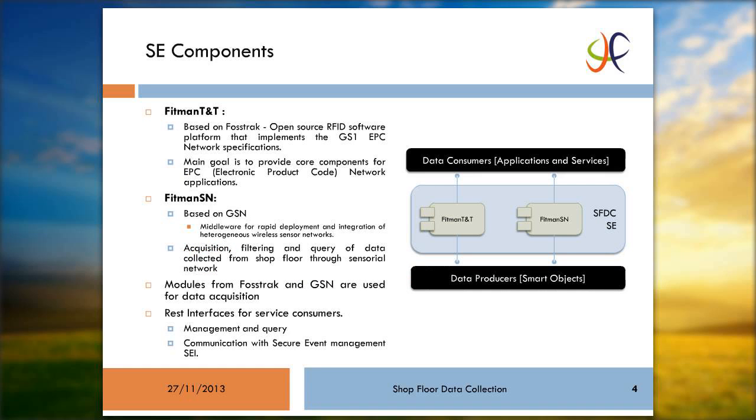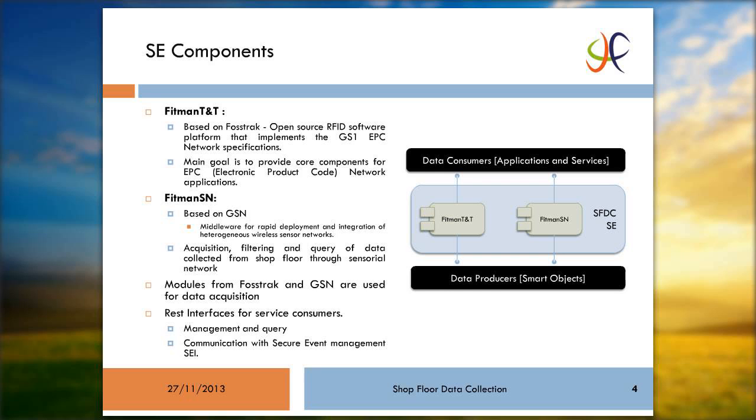Like we can see from here, this specific enabler is composed of two components, FITMAN tag and trace and FITMAN sensor networks. On the lower level, we have data producers, which are smart objects like tagged objects or sensors or sensor networks or different types of things. And on the top will be the data consumers, which will be some applications or some services.